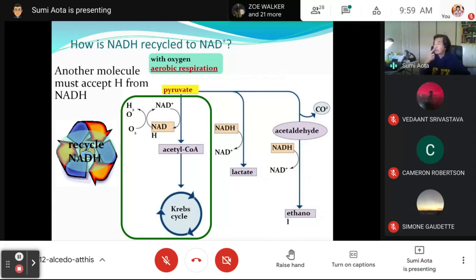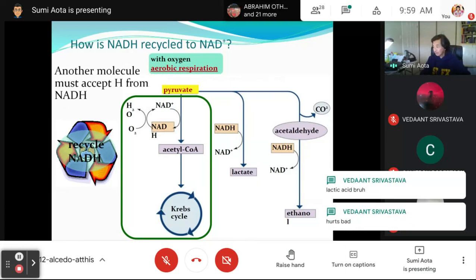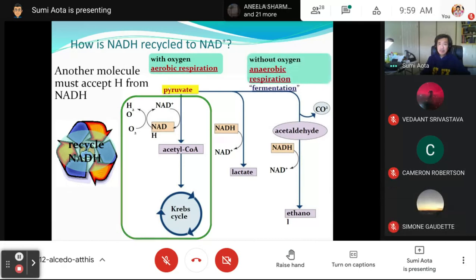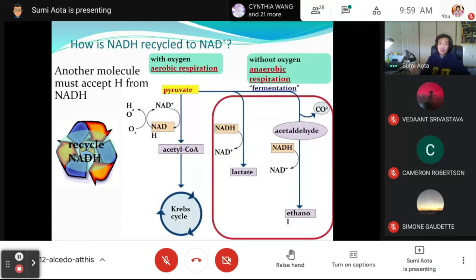But what do you do if you don't have enough oxygen, say you're playing ice hockey? That's one method. If you don't have oxygen, then we do anaerobic respiration, also known as fermentation. But what kind of fermentation you do kind of depends.